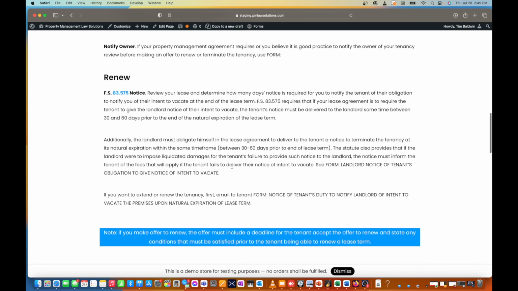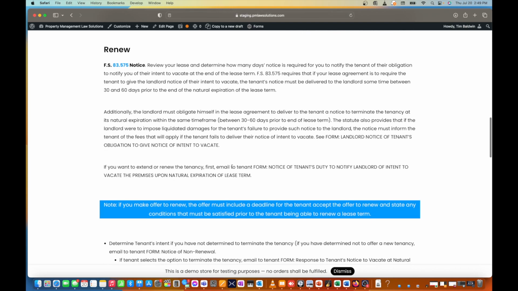Now there's another aspect to this renewal process which you'll look at more in the LeadSimple process, but we do have a process in place where we will give the tenants a notice that they have to notify us of their intent to vacate or not.